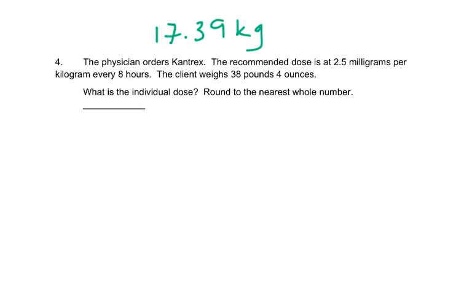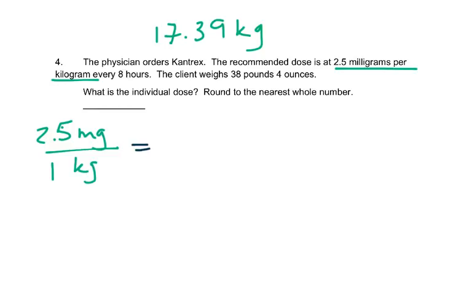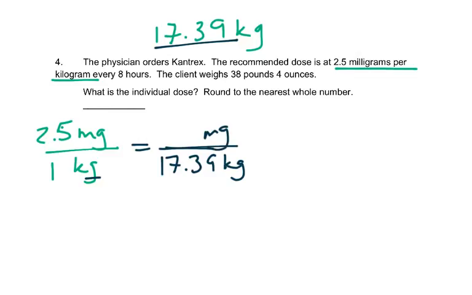So then it asks for what's the individual dose. So this tells us that we have 2.5 milligrams per kilogram. So let's write that as a fraction. It's actually a ratio. I keep saying fraction, but it's really a ratio. And we're going to make that equal another ratio. Kilograms is on the bottom here, so we want to put the kilograms on the bottom here. We're trying to find how many milligrams, that's the dosage, and we don't know that.